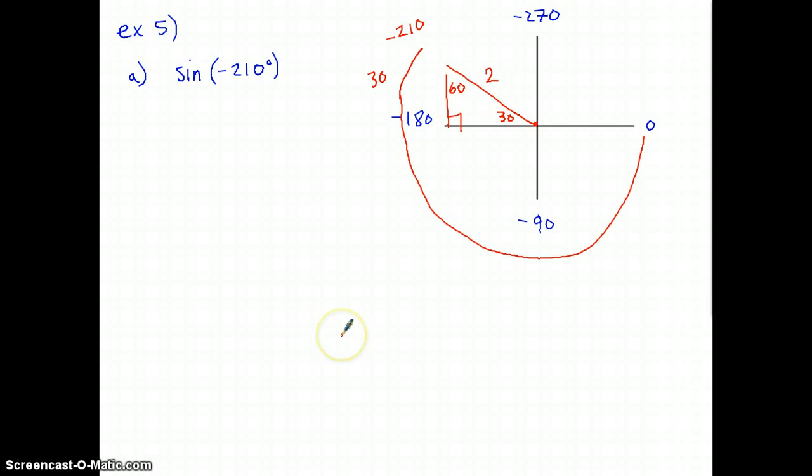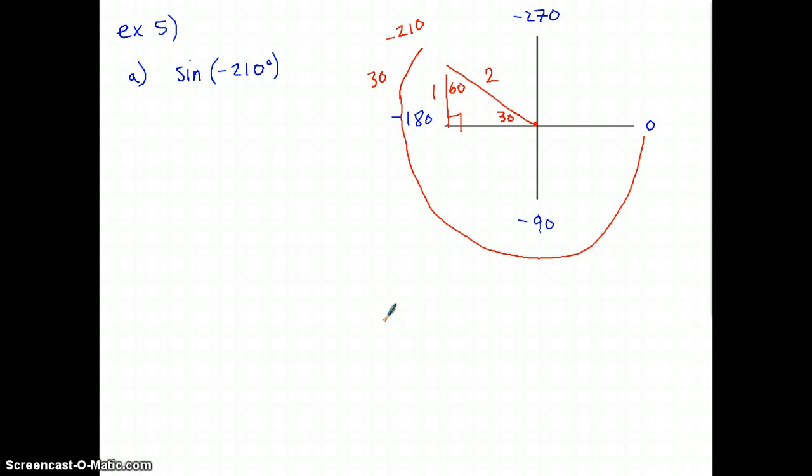If the hypotenuse is 2, or the radius for these new definitions, what do we know about the side opposite of 30? The side opposite of 30 is 1/2 of the hypotenuse. That means this side here is equal to 1.